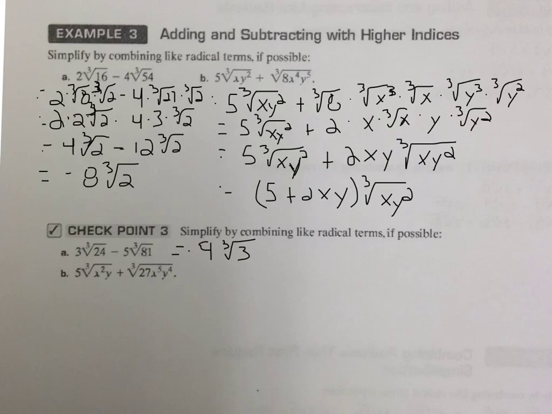And B is 5 plus 3xy cube root of x squared y. That's all for part 1 of 10.4. I will see you in class.